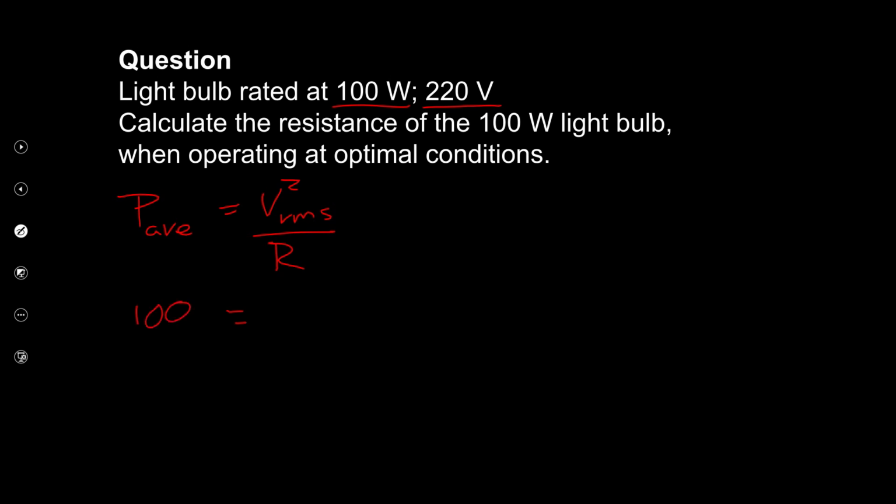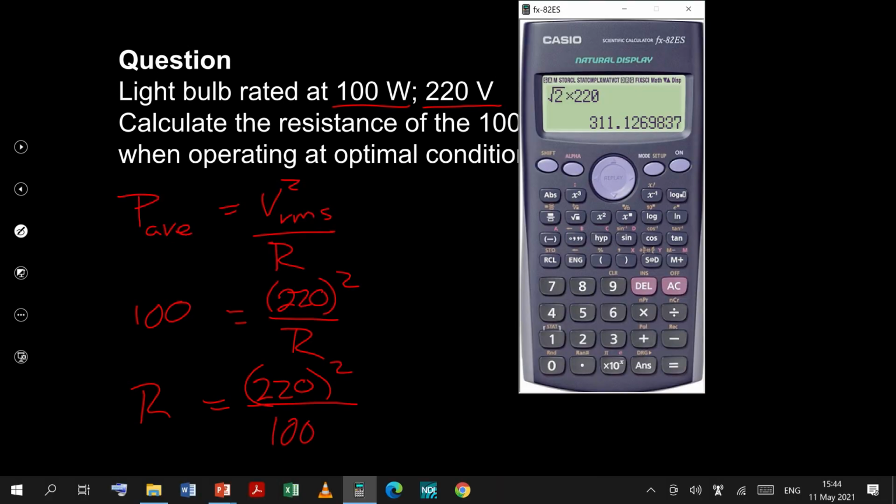It's 100, and Vrms needs to be squared. Don't forget to square it. And it's divided by R. Now, we're going to multiply both sides by R and divide by 100, and we're going to get 220 squared divided by 100, and that brings us to our calculator.